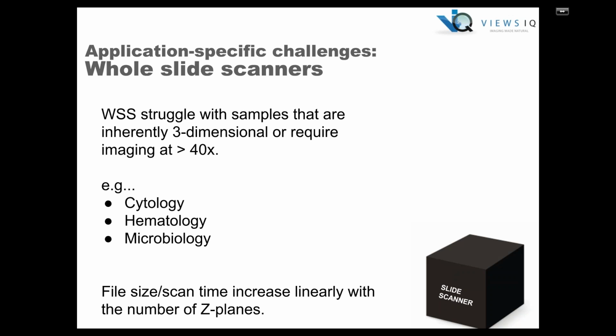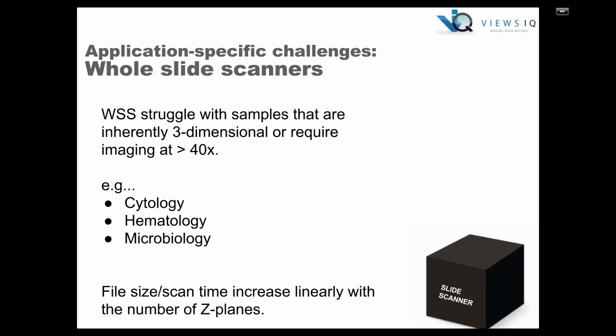Cytology, hematology, and microbiology are examples of these disciplines where the samples are inherently three-dimensional or require imaging at greater than 40x. Whole slide scanners typically support a limited range of objectives, usually 20 or 40x, and higher magnifications can be required for disciplines like hematology and microbiology in particular.